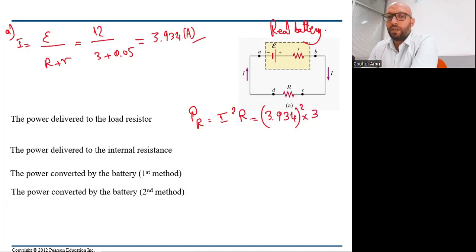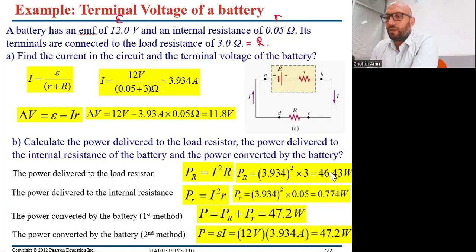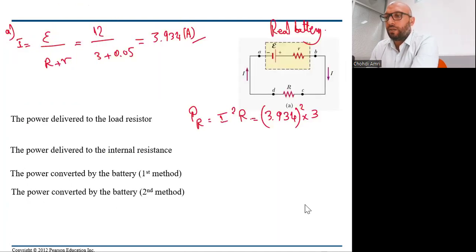We are done. How much is the result? The result will be 46.43 watts. The power delivered to the internal resistance, the same thing, it will be I squared multiplied by small r.